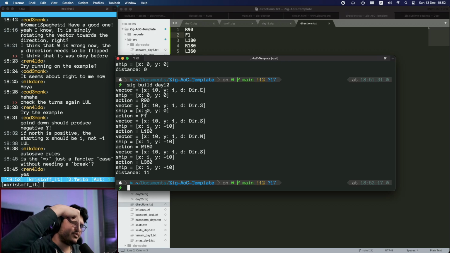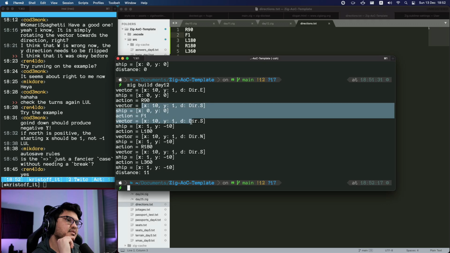F1 when the direction is south. Moves Y down by 10. Sorry, it's like this. Moves south by 10. Moves right by 1. Yes. So this is correct.